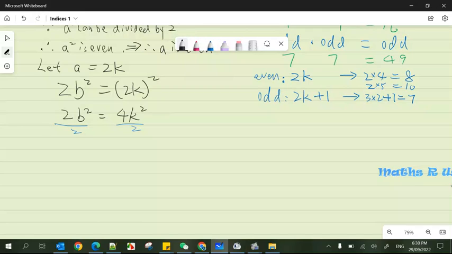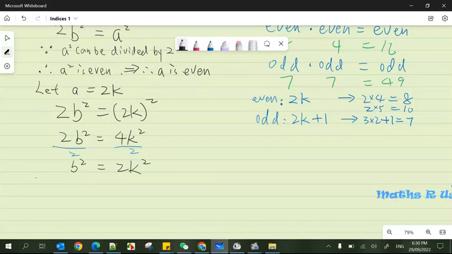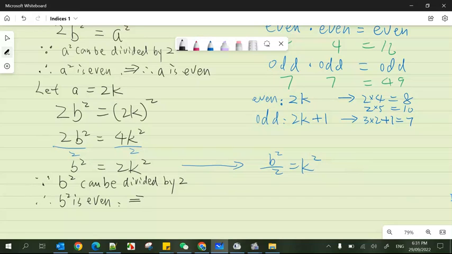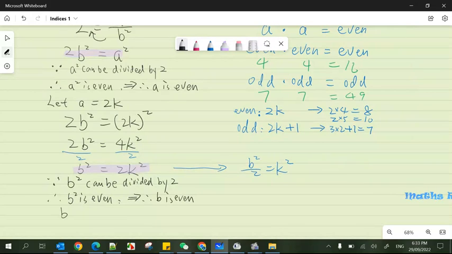It becomes b squared equals 2k squared. Now we can see a similar thing. Because b squared can be divided by 2, b squared is even, and that's why b is even. This tells us both a and b are even numbers.